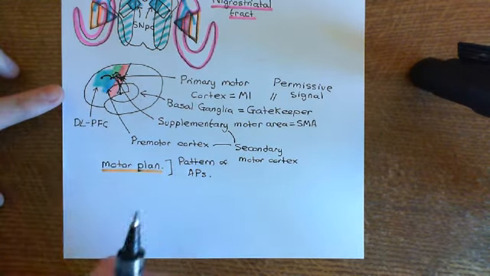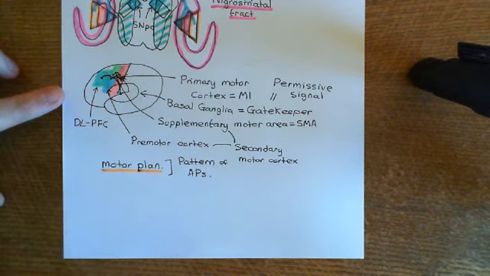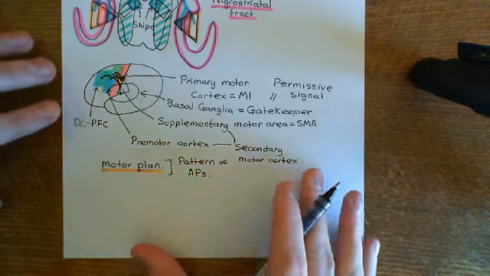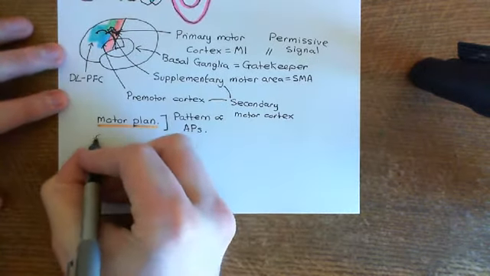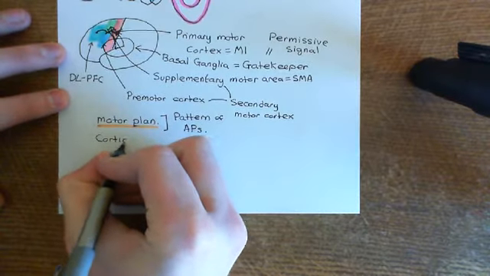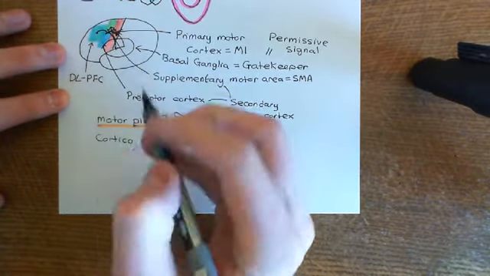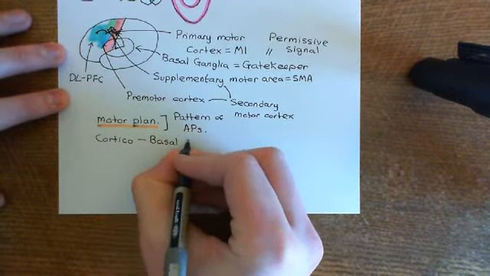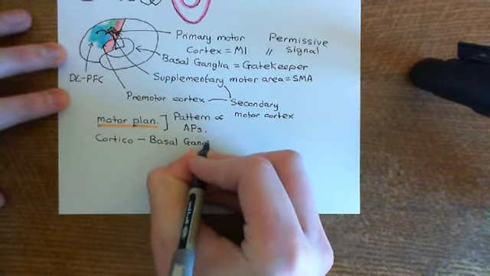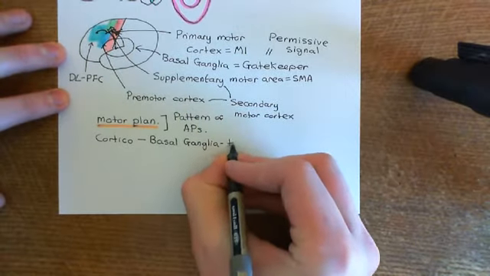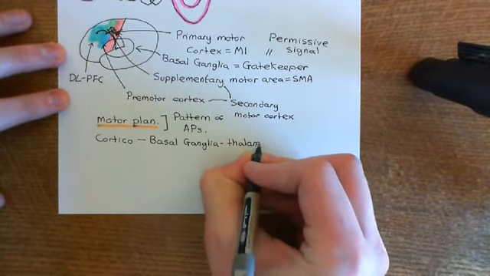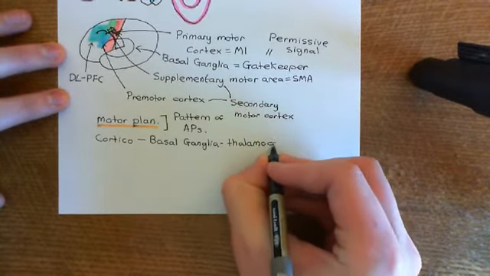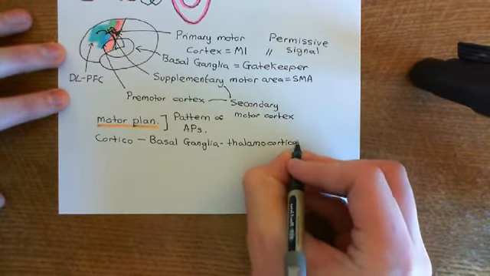However, it doesn't actually come from the basal ganglia, it comes from the thalami, but the thalami are going to be part of this loop. The loop is often called, in full, the cortico-basal ganglia thalamocortical pathway, because it starts from the cortex, goes to the basal ganglia, then on to the thalamus, which sends it back to the cortex.